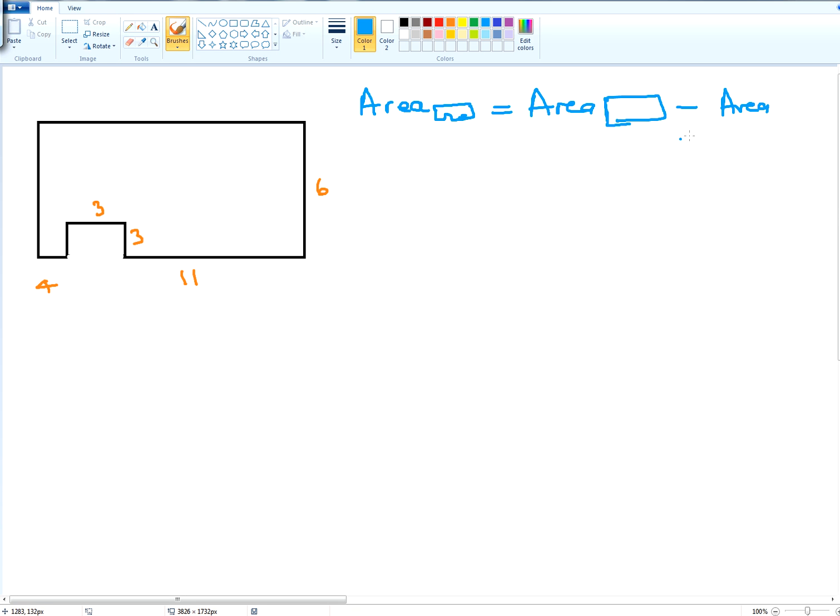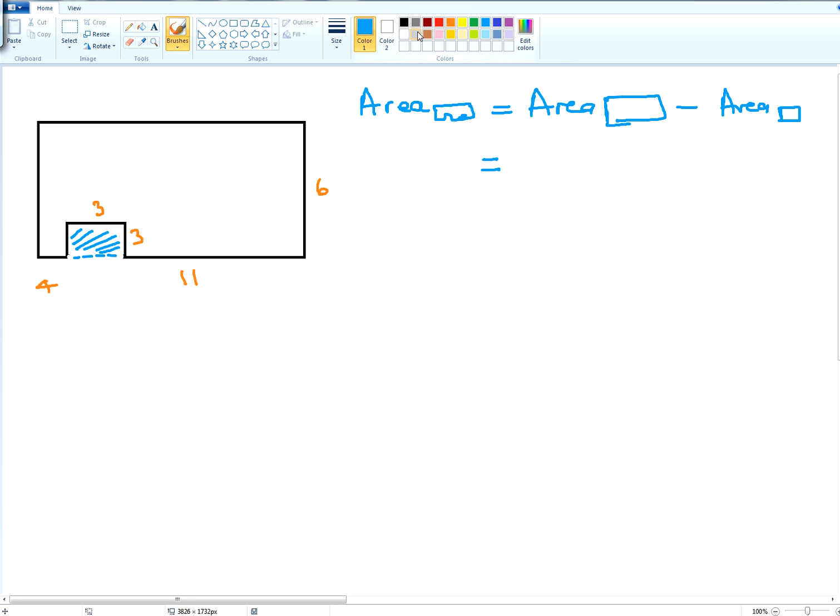This is the area that we're going to cut out.